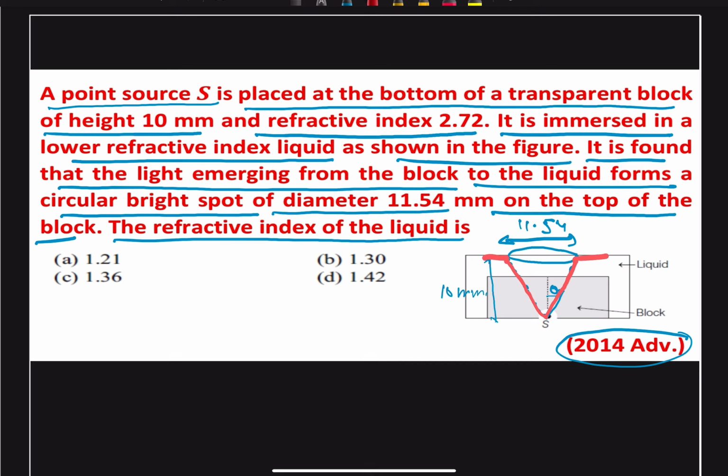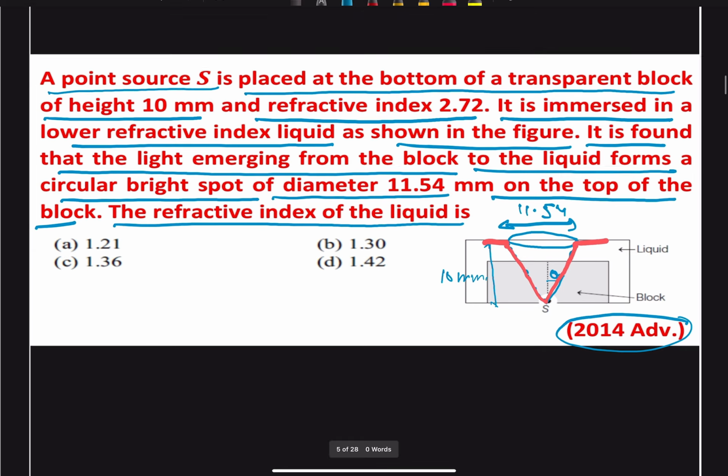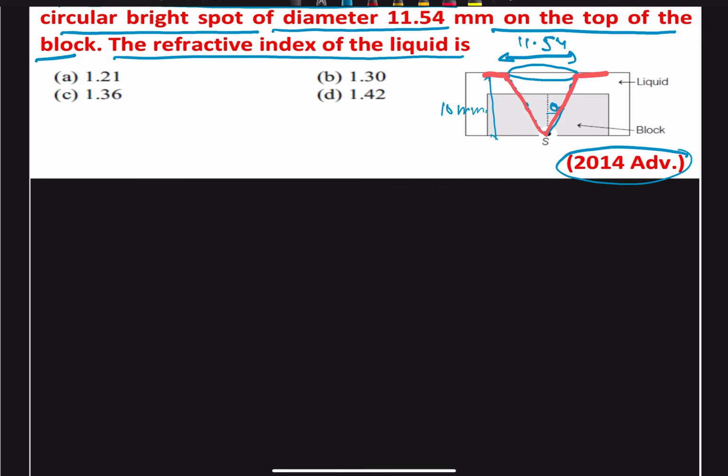Therefore, we can write a formula for total internal reflection.